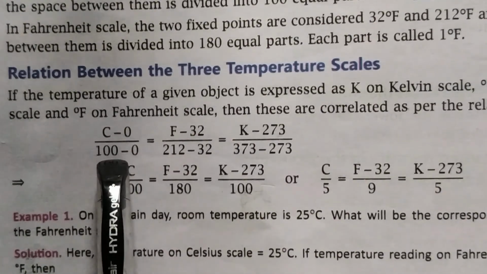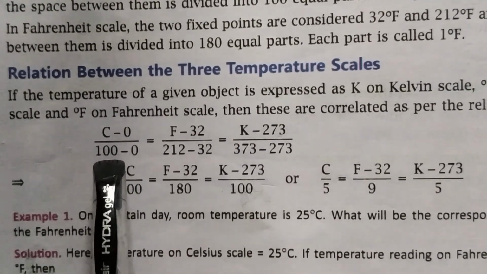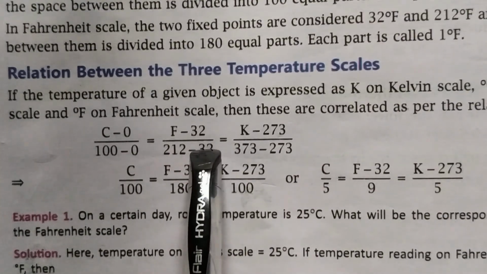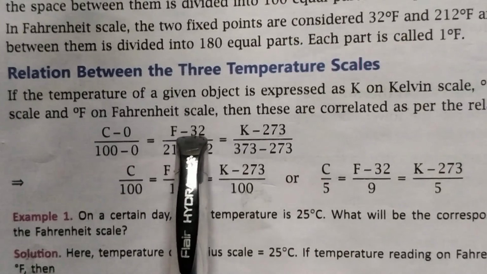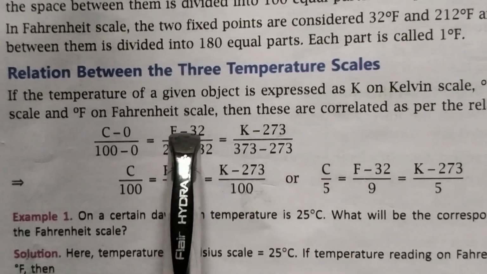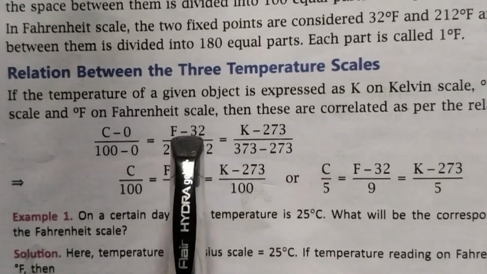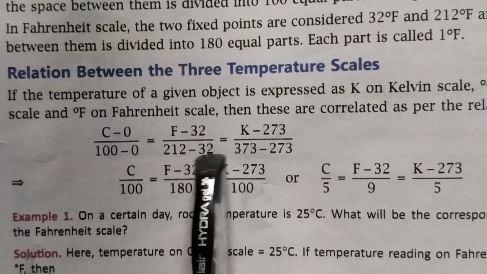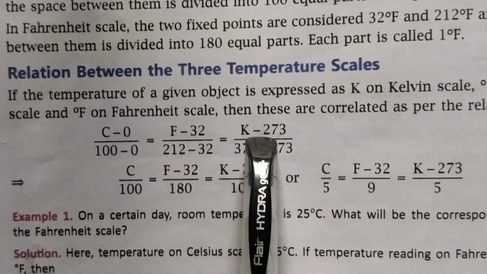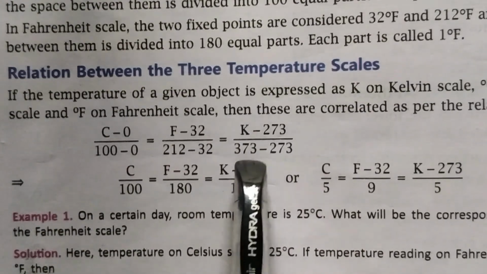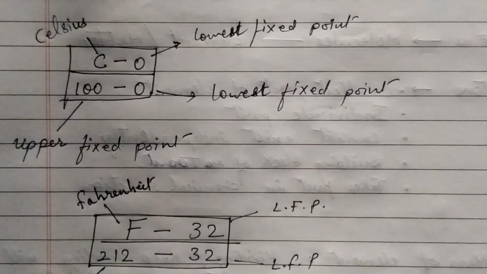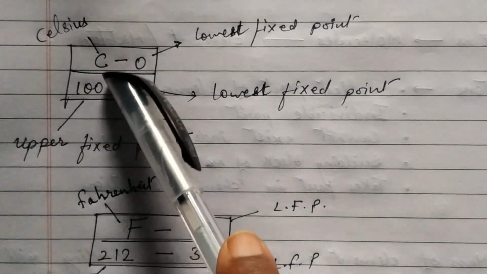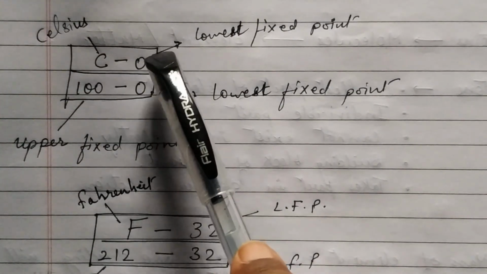The upper for Celsius is 100 and the lower is 0 degrees. In the same way for Fahrenheit, (F minus 32) means Fahrenheit minus lower fixed, divided by upper fixed point minus lower fixed. Same way for Kelvin, Kelvin minus lower fixed upon upper fixed minus lower fixed.